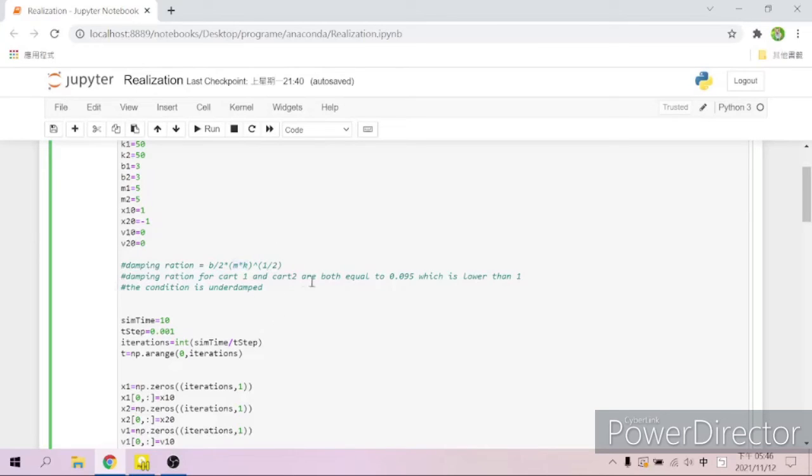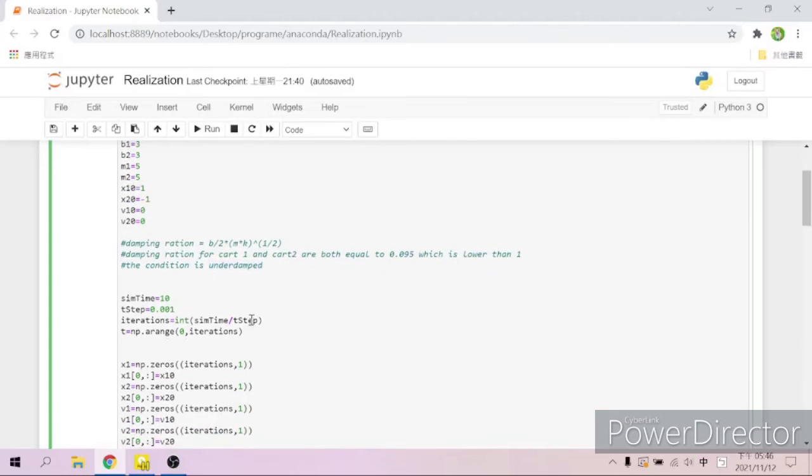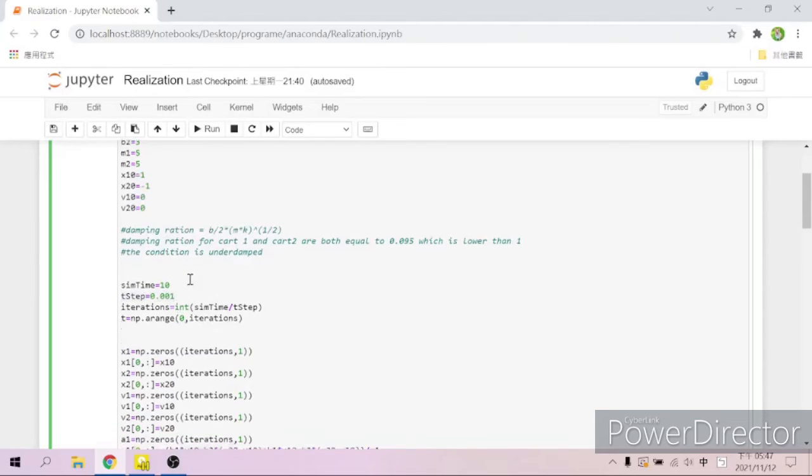The damping ratio is lower than 1 in this system, so the system is underdamped. To make my graph smoother, I set the time to 10 seconds and divide it into 10,000 parts.